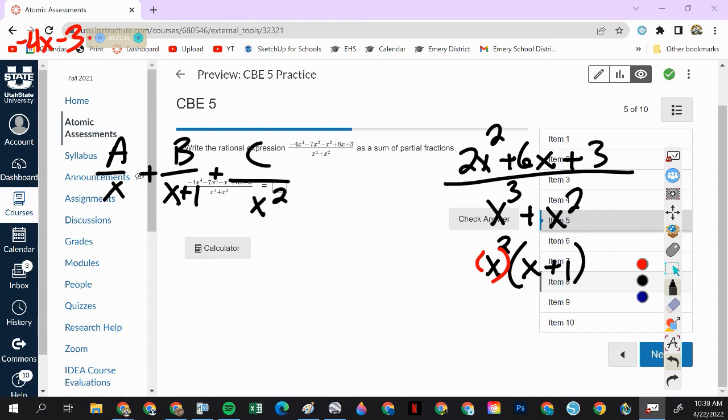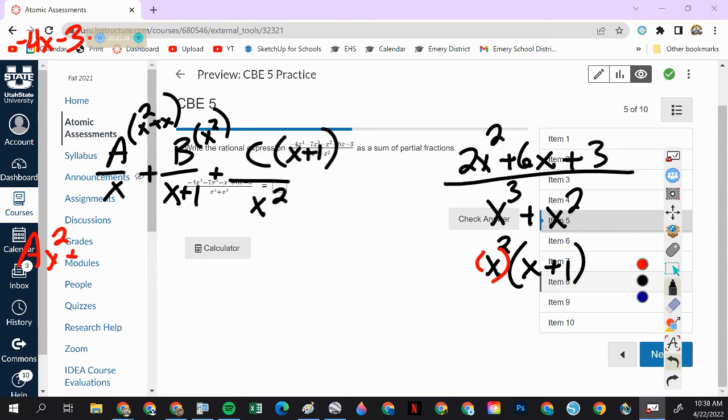So this one needs an x and an x plus 1. So x squared plus x. This one needs an x squared. And this one needs an x plus 1. Okay? So this gets long.